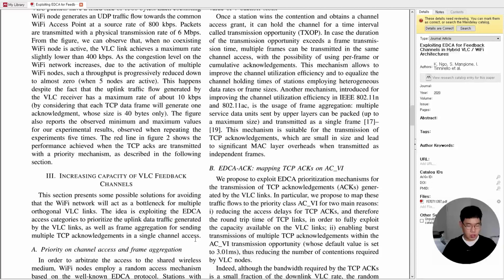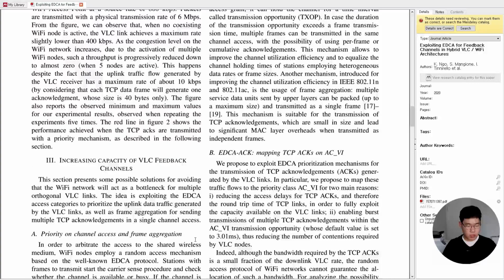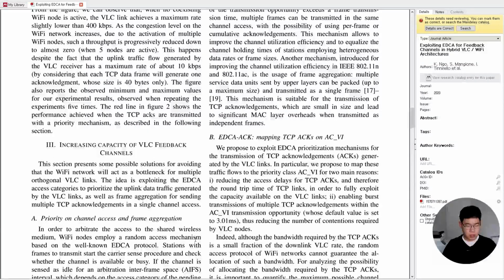In order to arbitrate the access to the shared wireless medium, Wi-Fi nodes employ a random access mechanism based on the well-known EDCA protocol. Stations with frames to transmit start a carrier sense procedure and check whether the channel is available or busy.